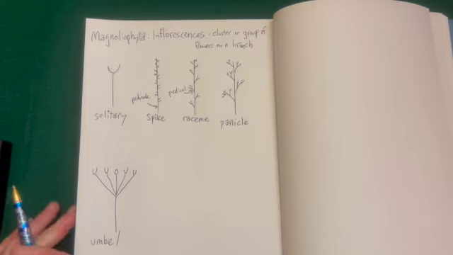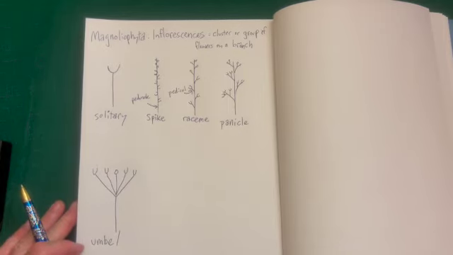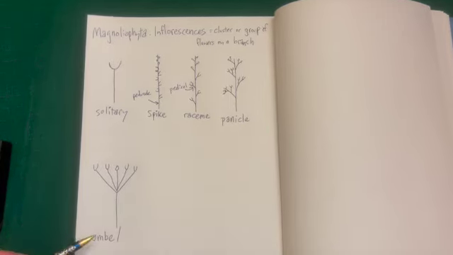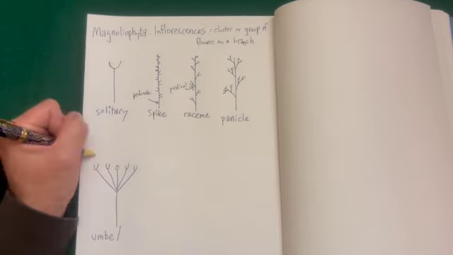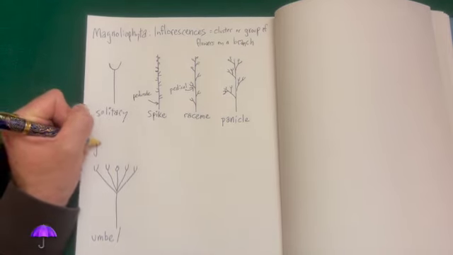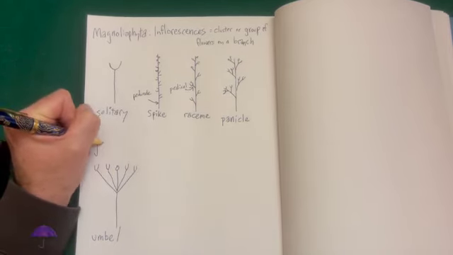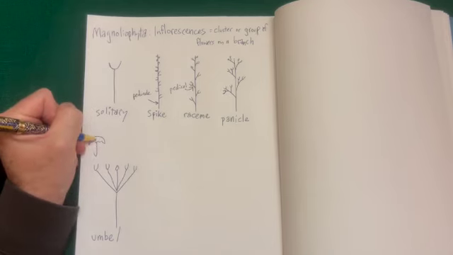And if you've ever seen Queen Anne's lace, it is a good example of this type of inflorescence. It's called an umbel. And it's kind of easy to remember because it kind of looks like an umbrella, with everything kind of radiating out from one point.